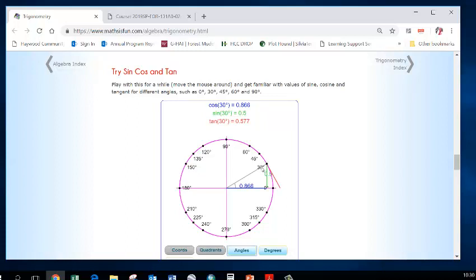And then the tangent function is not looking at the hypotenuse at all. It's comparing the opposite and the adjacent side, okay? So notice that you have the opposite side over here and the adjacent side down there.